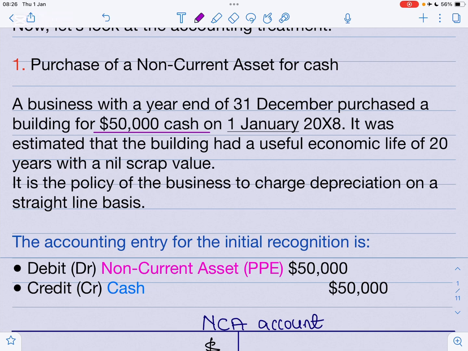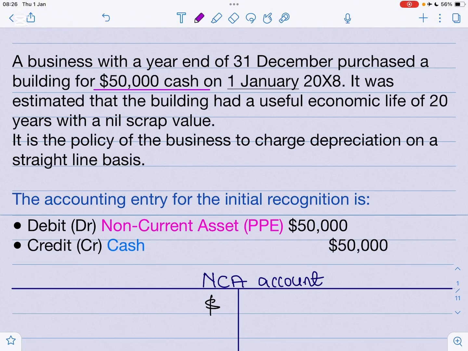When you buy a non-current asset with cash, it means cash must have gone out of the business account, and in place of that, a non-current asset has come in. So one asset is coming in, which is the non-current asset, and another asset is going out, which is the cash that you have used to buy it.